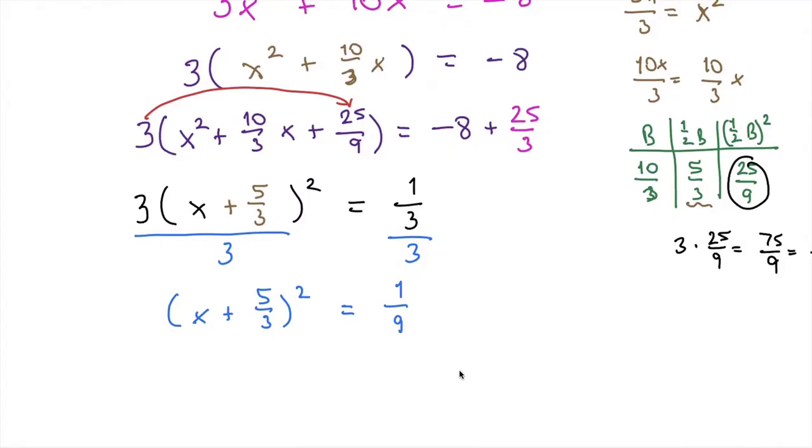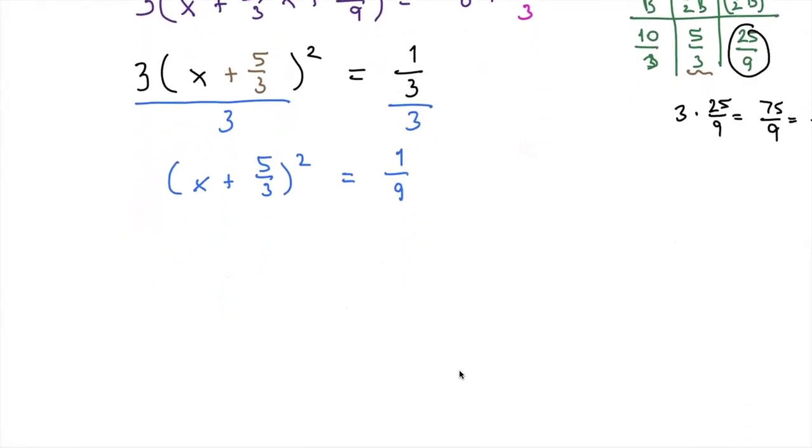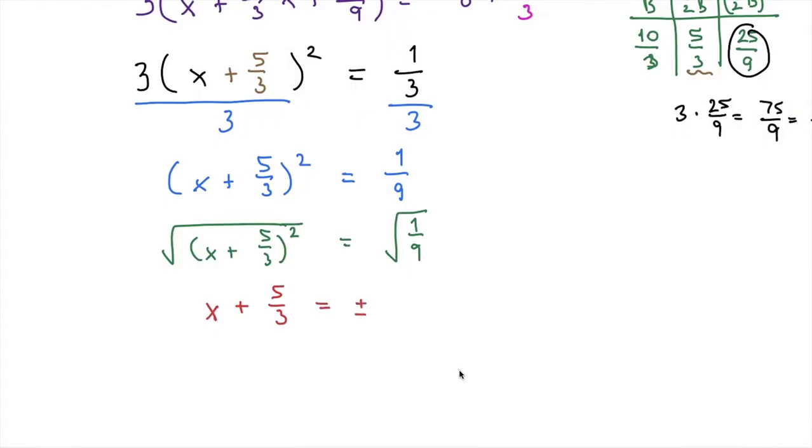All right, so now the next thing we're going to do is square root both sides. We're going to square root the x plus 5/3 squared, and then we're going to square root the 1/9. On the left side, we have just x plus 5/3 after we square rooted it, equals plus or minus, because remember when you square root both sides of the equation, you write that plus or minus, and then the square root of 1/9.